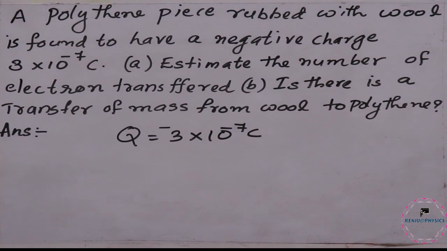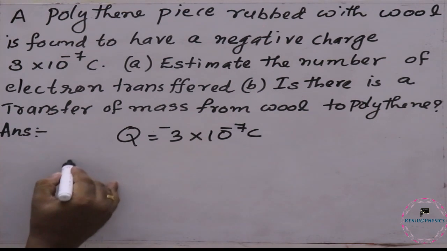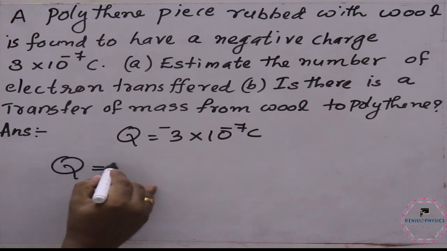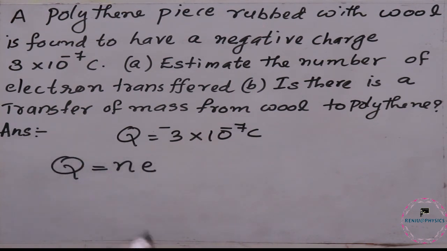Here we have to find the number of electrons transferred. By using one of the basic properties of charge, quantisation, we can write the total charge Q is equal to N into E. Here N is the number of free electrons, E is the basic unit of charge.